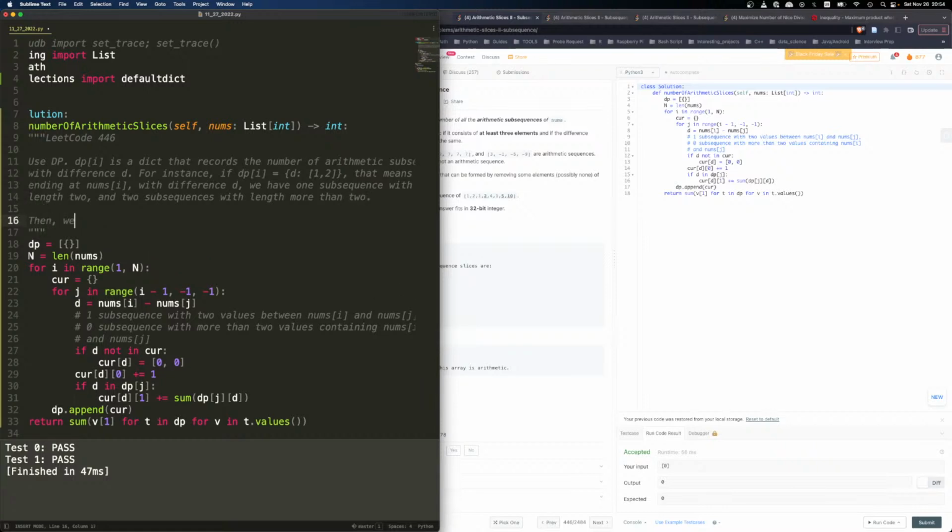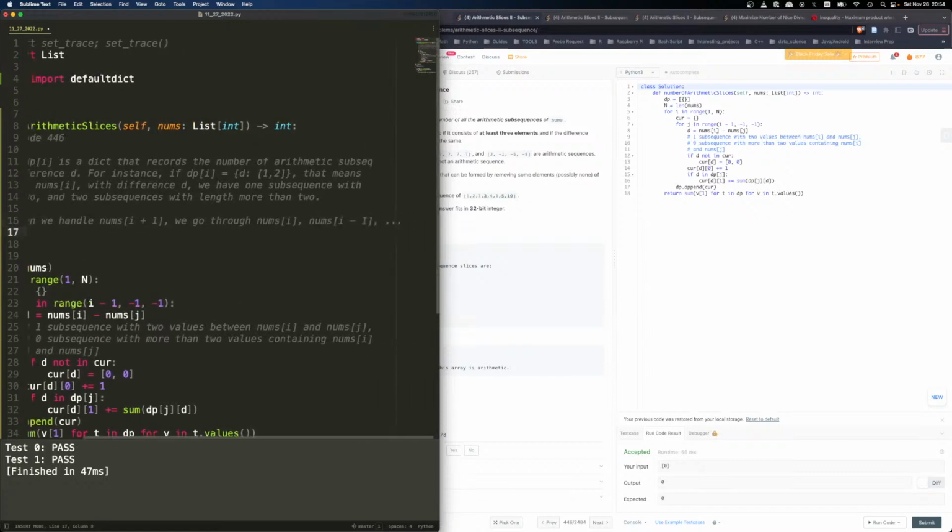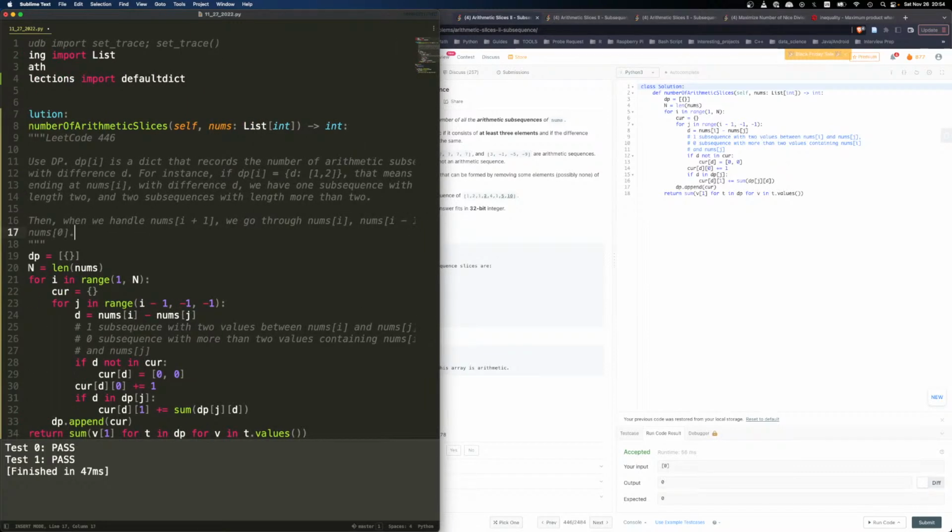Then when we handle dp nums I minus 1, I plus 1, we go through nums I minus 1 all the way to nums 0.